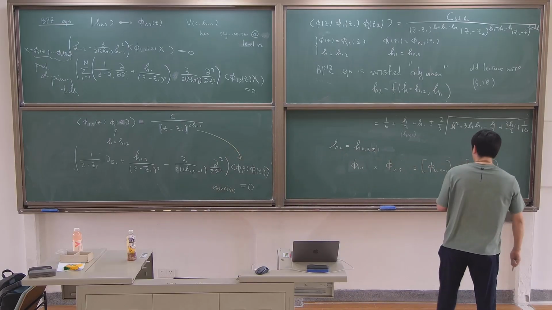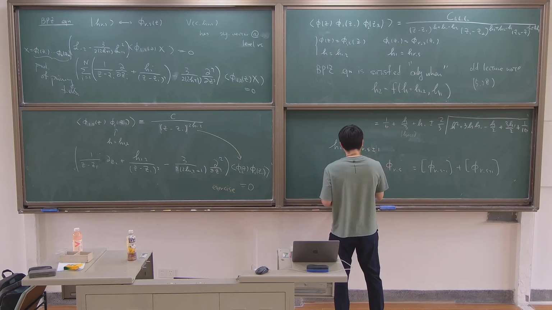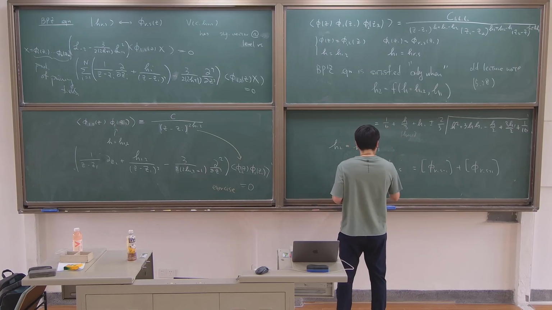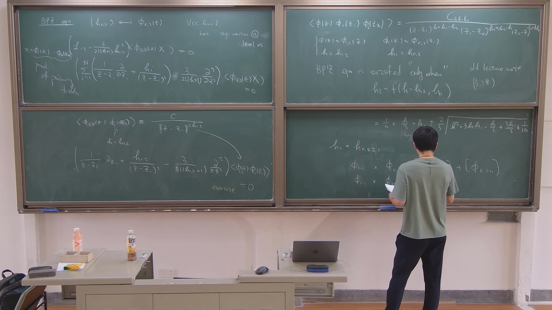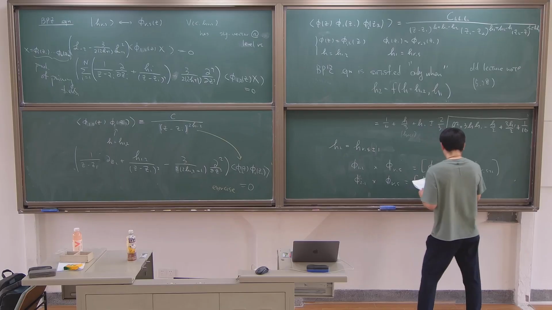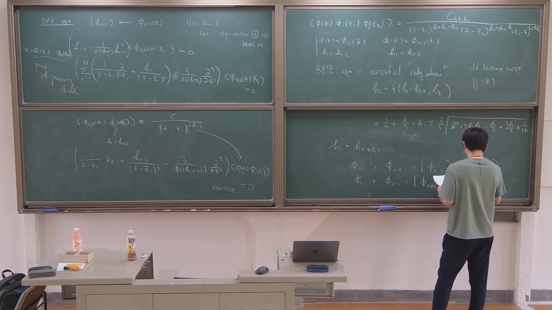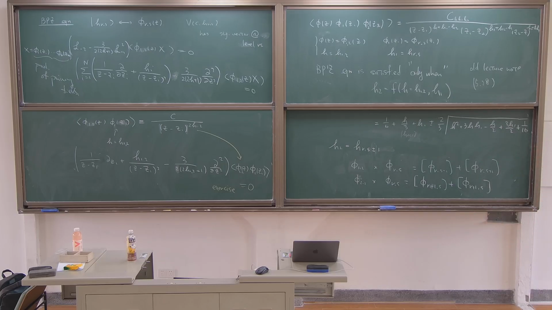Okay. So similarly, if you just change this to 2,1, phi 2,1 and phi RS, then this one is, as you can easily guess, like this.